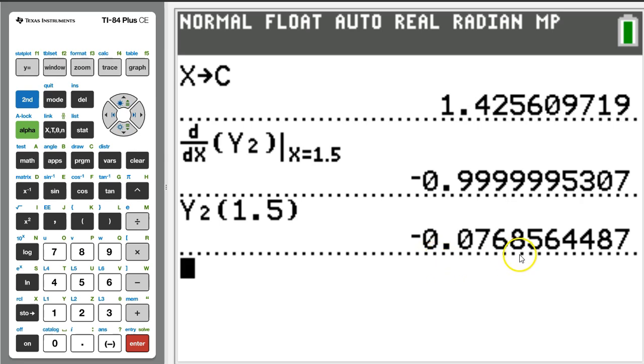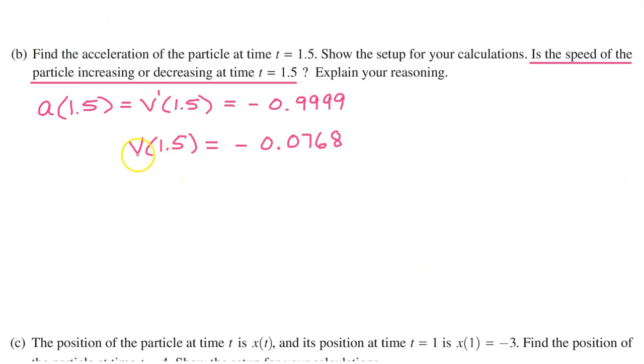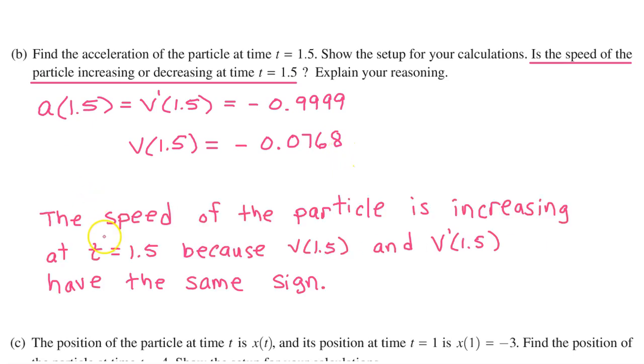Kabam! It's negative. Be sure to record this in your work. V at 1.5 is equal to negative 0.0768. Now we can say the speed of the particle is increasing at t equals 1.5 because the velocity at 1.5 and the acceleration at 1.5 have the same sign.